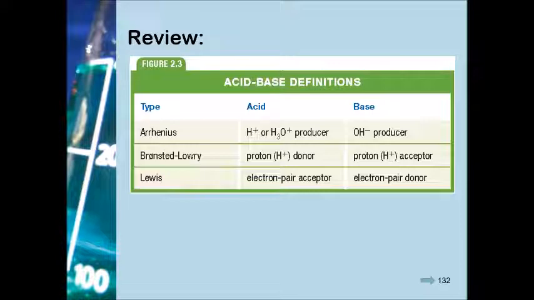It accepted that proton. And then Lewis is our broadest definition of all, and it is an electron pair acceptor. So the hydrogen ion, remember, needs some electrons, so it'll attach to something.